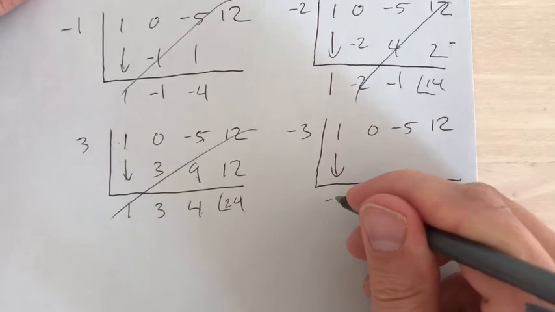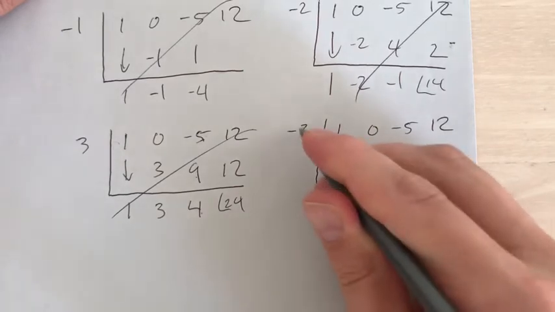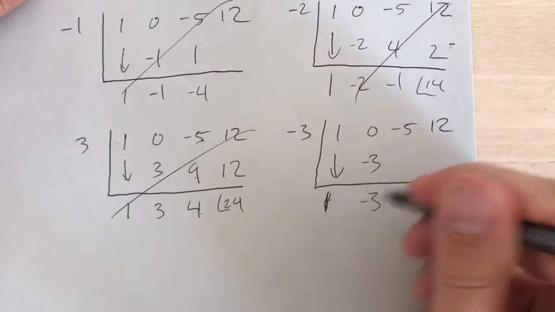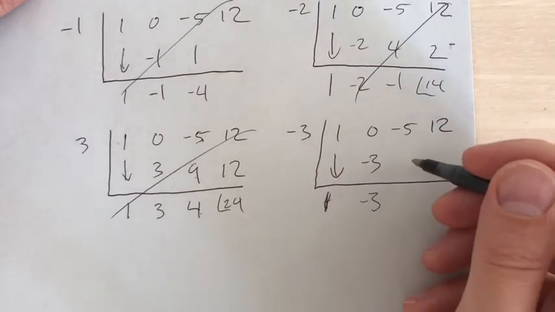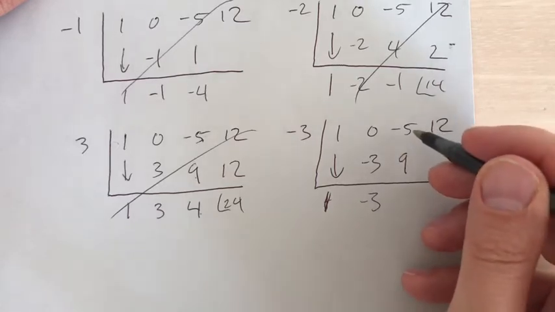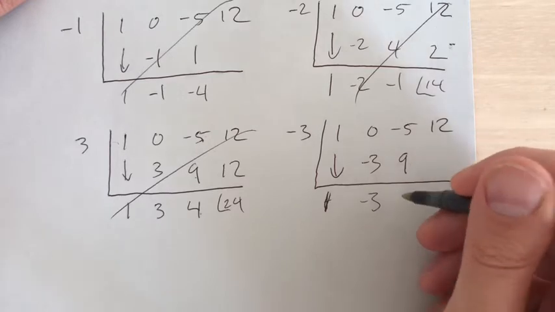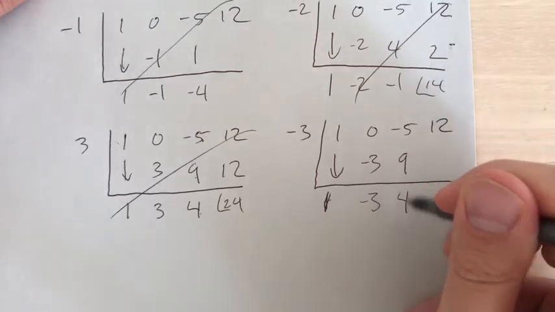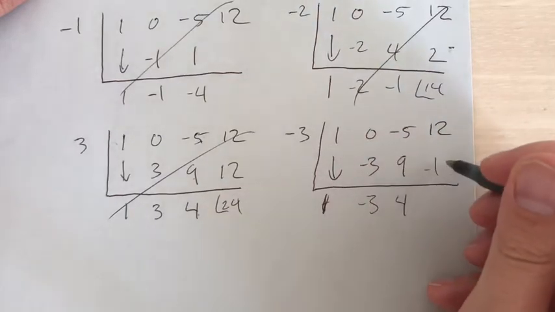Drop this down to get 1. Negative 3 times 1 is negative 3. 0 minus 3 is negative 3. Negative 3 times negative 3 is, sorry, 9. Negative 5 plus 9 is going to be 4. Negative 3 times 4 is going to be negative 12.